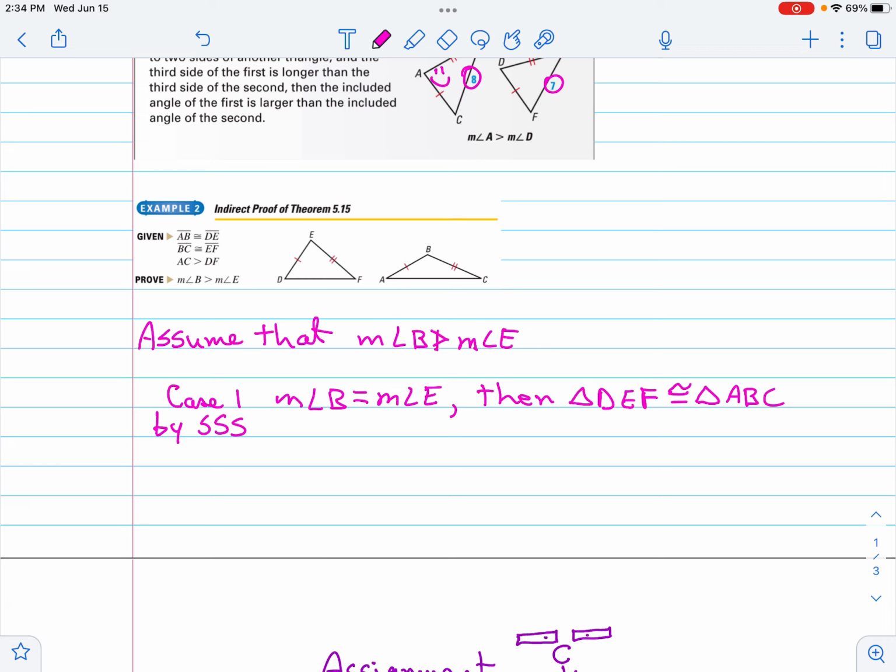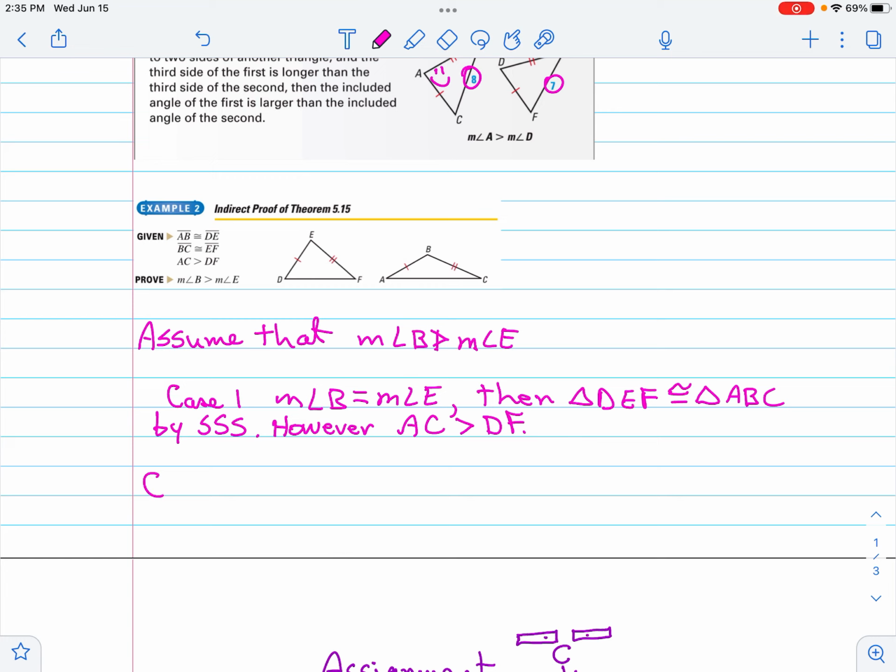That's what has to happen. However, we know that AC is bigger than DF. So that can't happen. If those triangles are congruent, then AC has to be congruent to DF. So that doesn't work out.